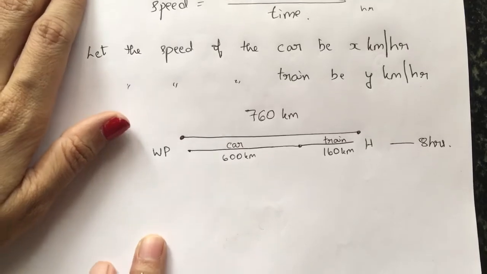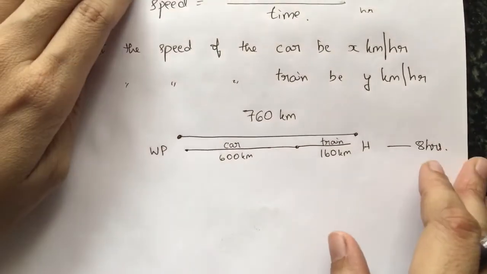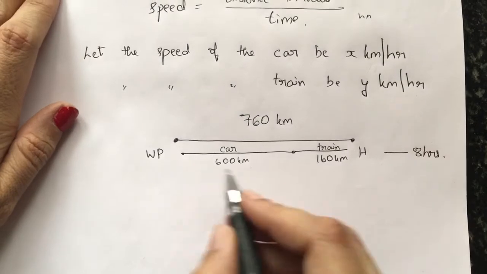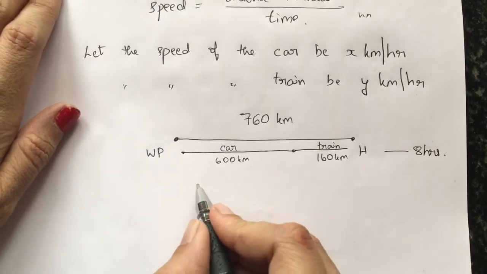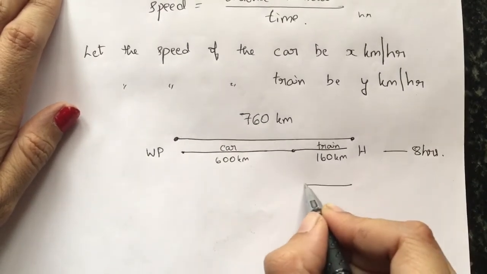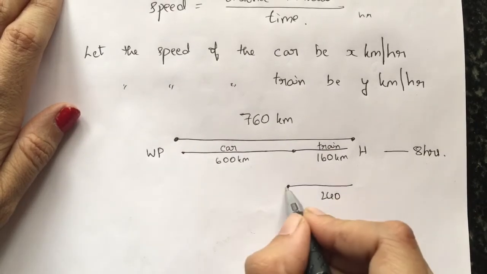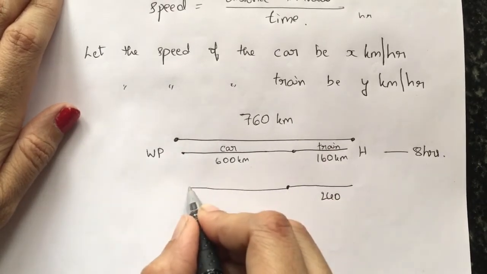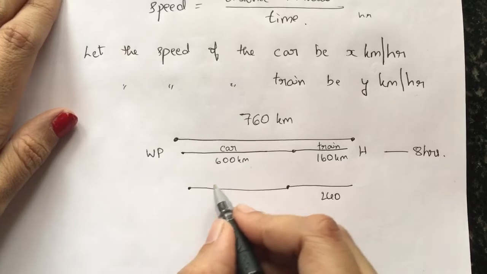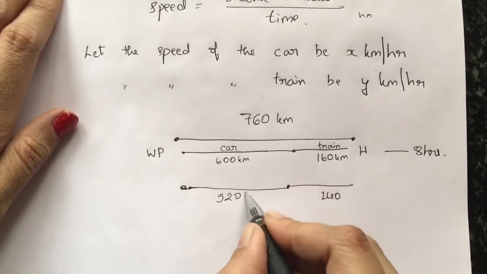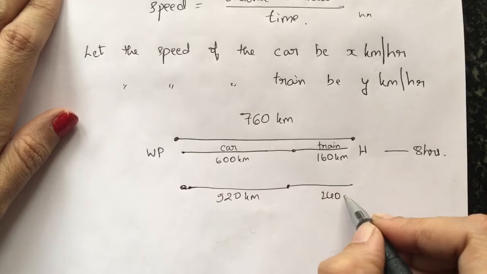And the second, he takes 12 minutes more if he travels 240 kilometers by train and the rest 520 kilometers by car.